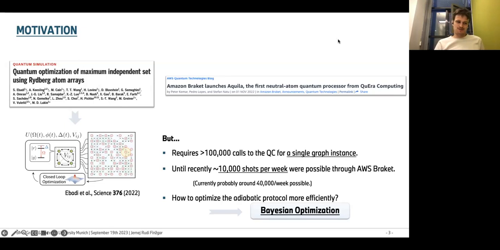So first of all, there are the queuing times, of course. But more than that, the whole neutral atom technology is relatively slow in some sense. I think a good back of the envelope estimate is that you need roughly 0.6 seconds per shot.